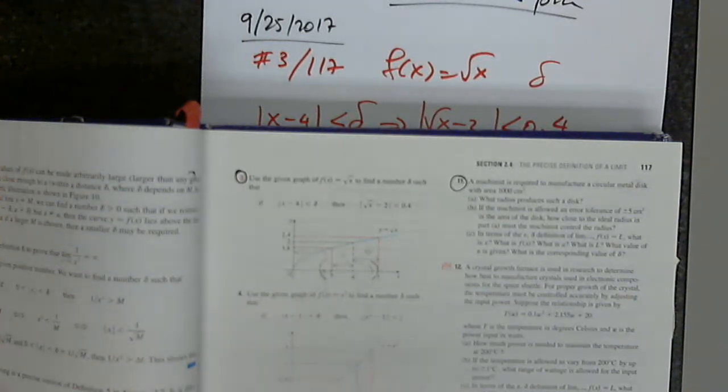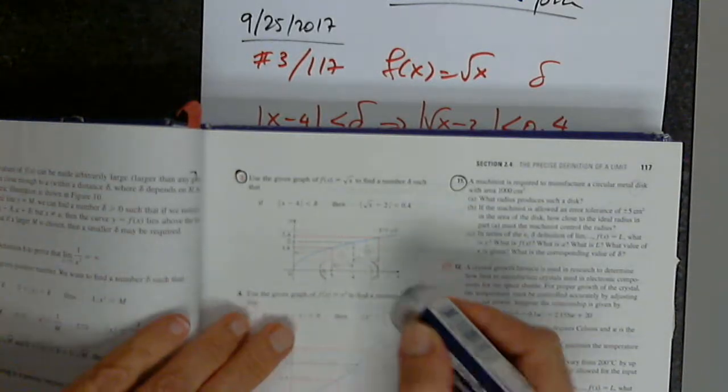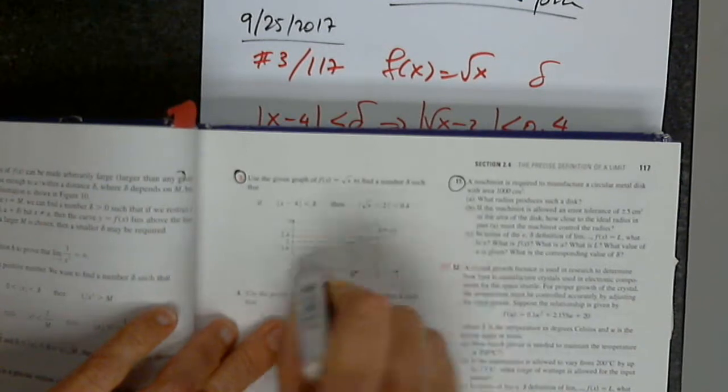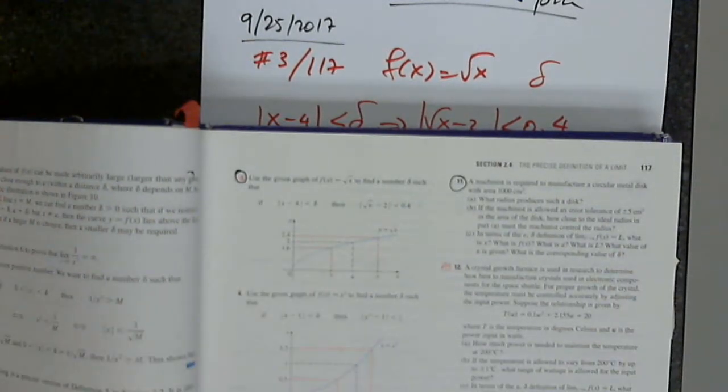So once I determine A and B, I will have to assess which one is smaller, and that will definitely be my delta. Is that clear? Do you remember discussing that?